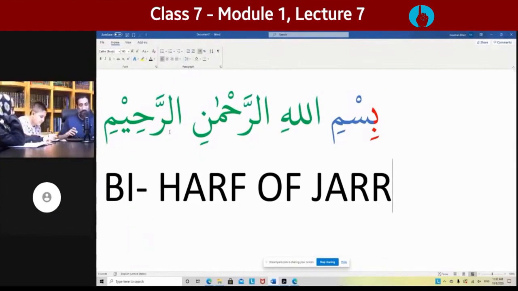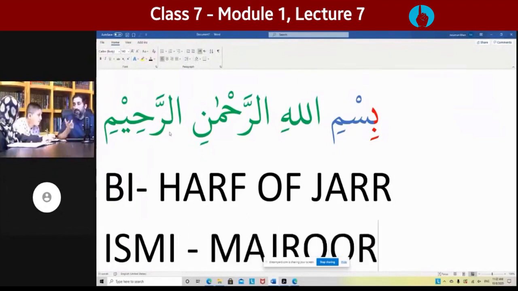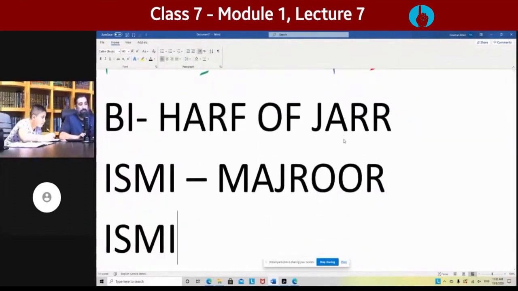It's a beautiful thing, but we'll read that one day. For now, I'll call it ismi, and it is the majroor. What's the jar? The B. What's the majroor? Ismi. That makes sense? Because the ismi became jar because of it. I'm going to write ismi again.